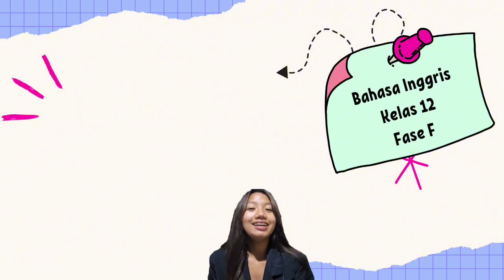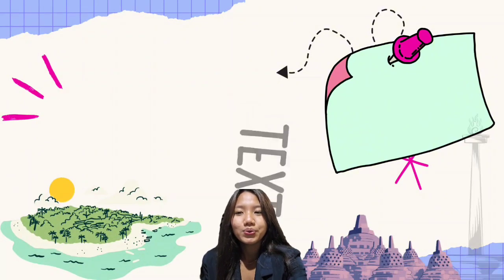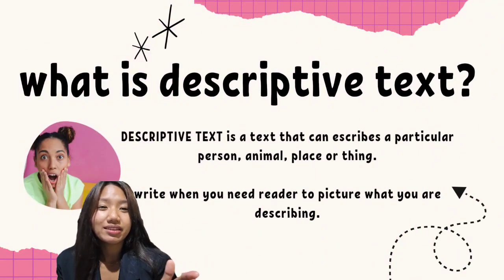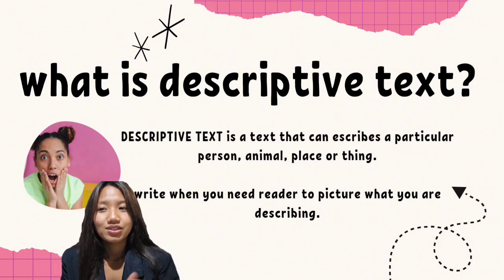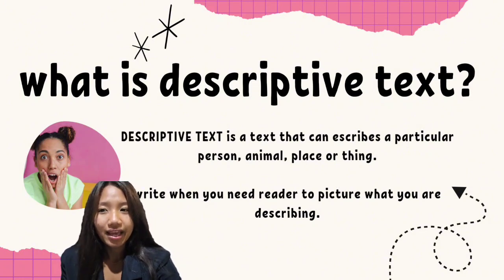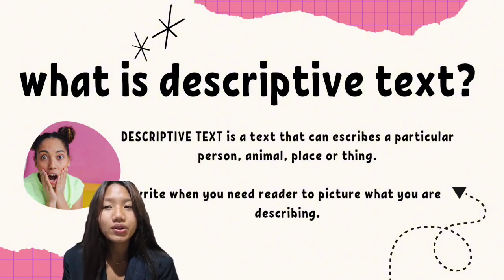So this is the descriptive text. So for that, what is descriptive text? Do you know that? As you can see on the slide, descriptive text is a text that can describe a particular person, animal, place, or things.